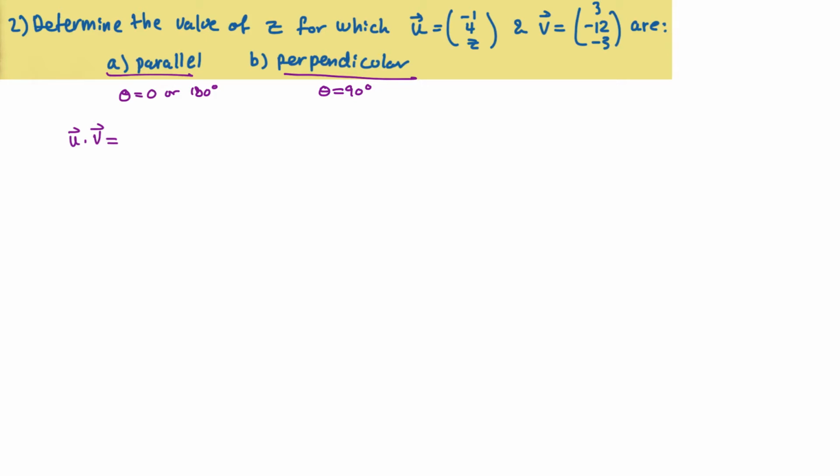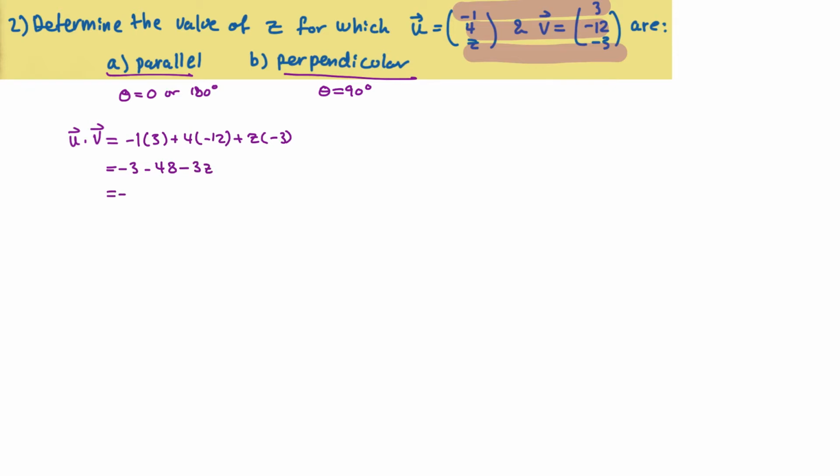I'm going to take the x components, multiply them by each other, then the y components, and the z components. For the x components, I'm going to get negative 1 multiplied by 3, plus 4 times negative 12, plus z times negative 3. This will give me negative 3 minus 48 minus 3z.